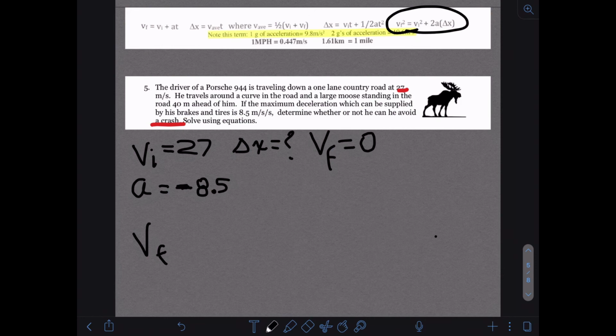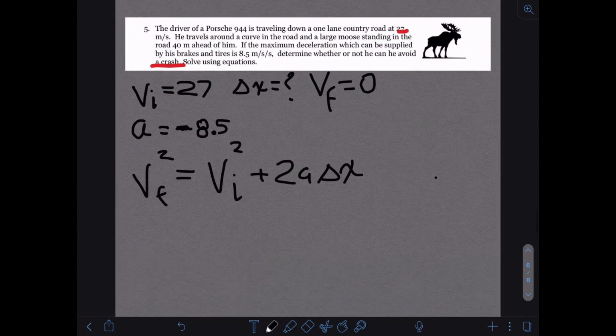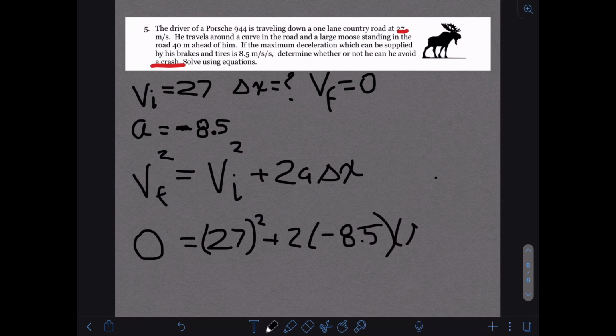I want to know what the displacement is going to be when I use this information. So again, this is my equation. This is my E. There's my L. This is my E. My plug-in comes next. It's going to stop. The initial velocity is 27 squared. The acceleration is a negative 8.5. And this will tell me the displacement, the distance it takes to stop the car.